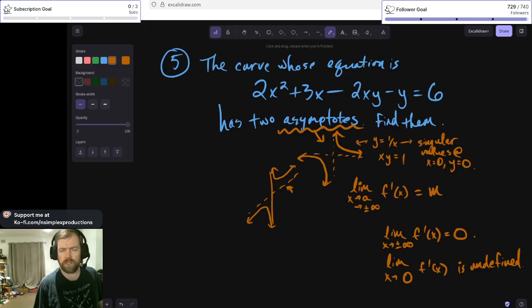So what's going on here? This is y equals mx plus b. Our function has a particular m, a particular slope that it's approaching. Cool. How do we find that?